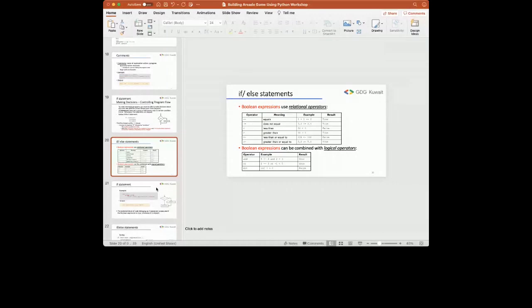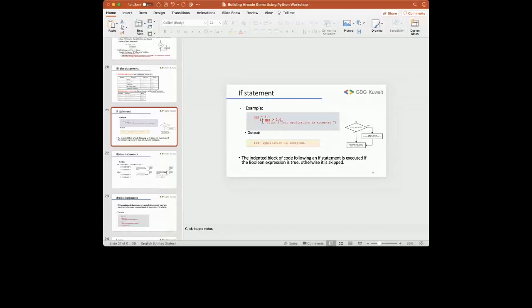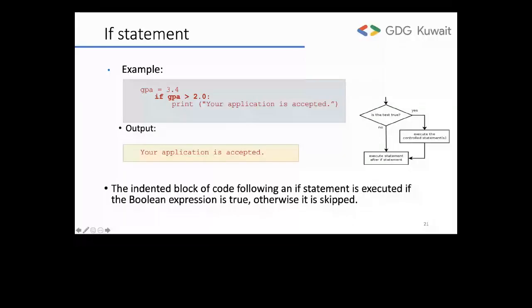Okay. Another example of if statement. We have a variable called GPA that is equal to 3.4. The if statement says that if the GPA is greater than 2.0, please print your application is accepted. If it's true, the program will execute it.